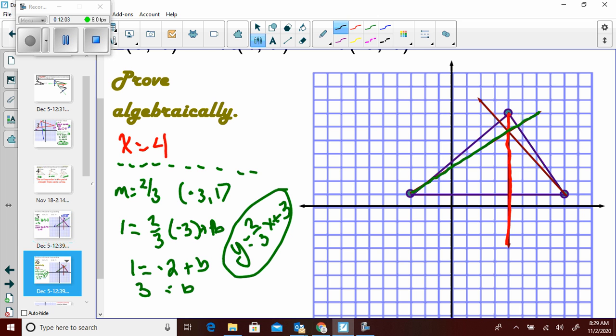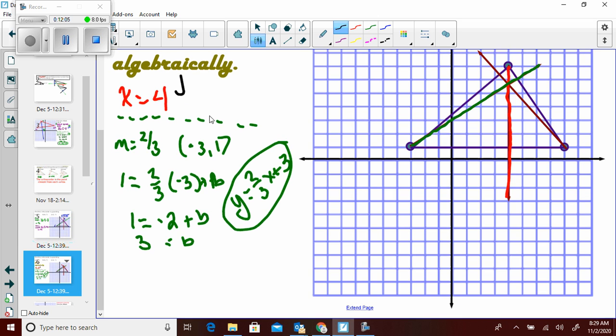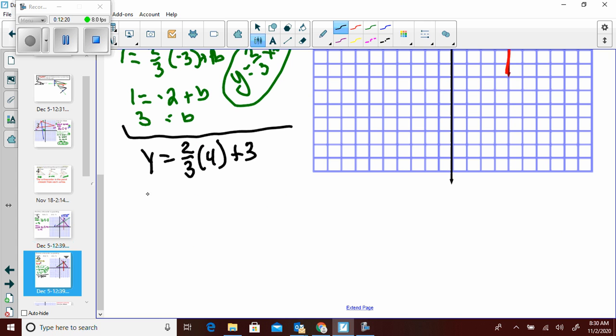So, I have x is 4. I take this 4 and I plug it in to find the orthocenter. Y equals 2/3 times 4 plus 3. Y equals 8/3 plus 9/3, right? Because I can't reduce anything.